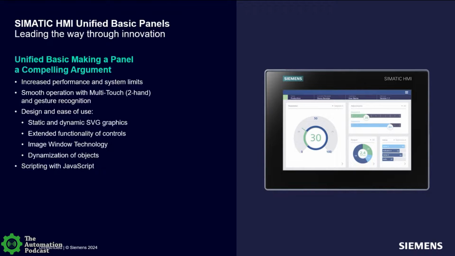What do we get with the Unified Basic Panels that we weren't getting before with the Basic Gen 2s that we've had in the market space for over 10 years now? We increased our performance and our system limits, right? So we said, hey, we need to make sure we've got the power and performance to do what we need to do in the marketplace itself. We know projects are only becoming more complex, and the requirements of our customers, what they're asking us to do with our systems, is also increasing.